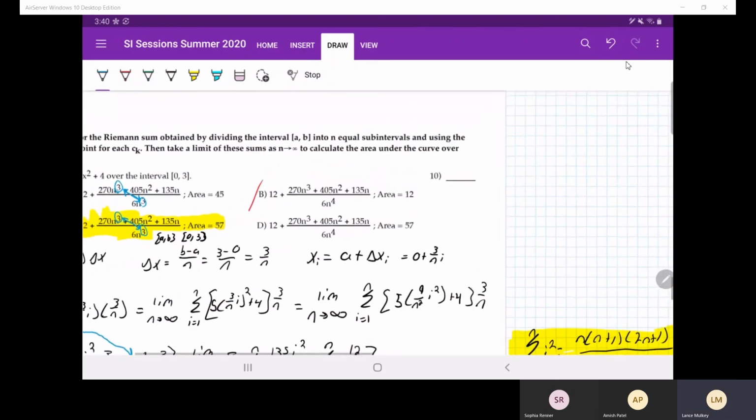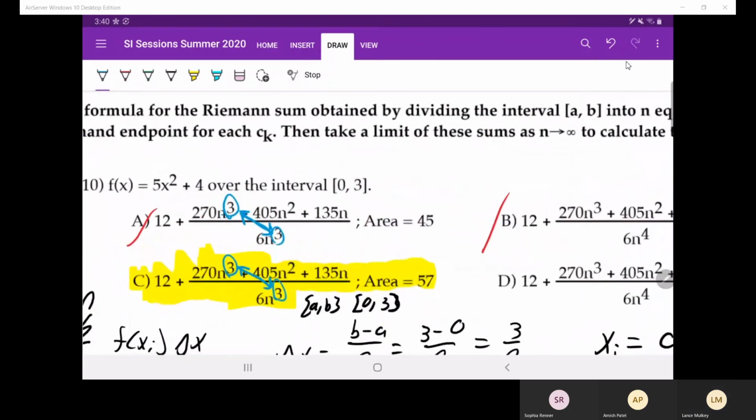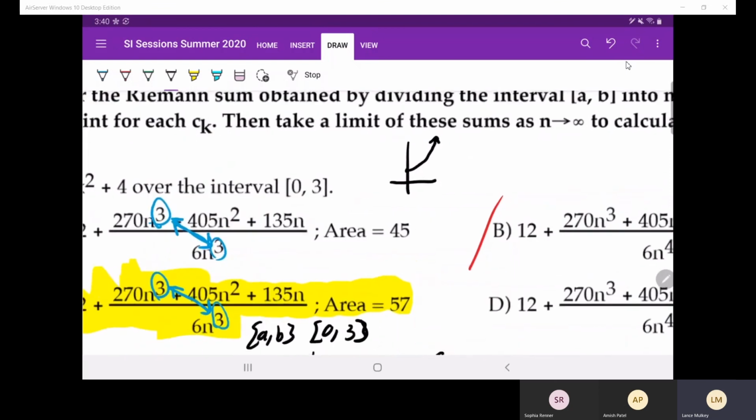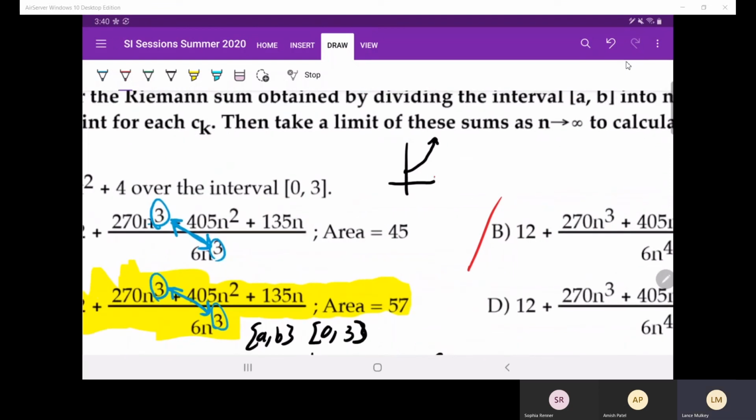And also what's cool about this is this 4 right here. The whole thing starts off at 4, right? Because 5x squared is only going to go up, so it's going to look something like this. It starts off at 4. And say this is 3.